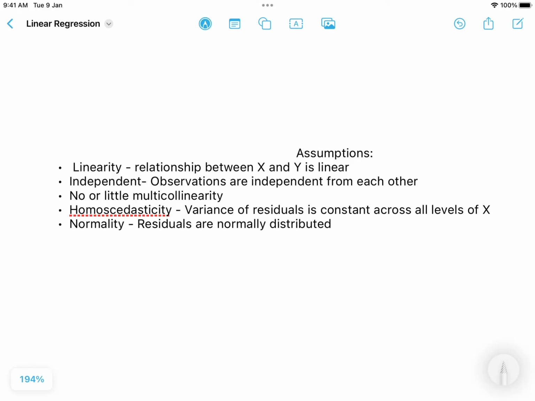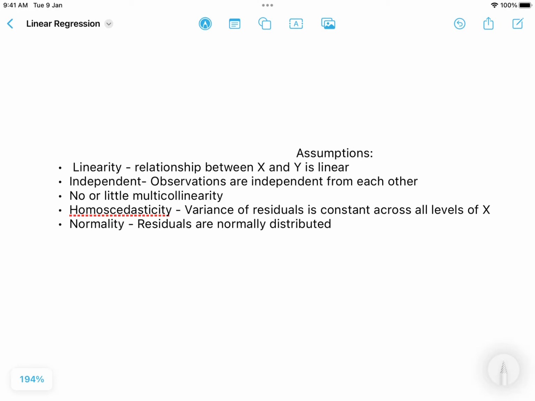So let's deep dive into the assumptions of linear regression. I have listed five assumptions, but there can be some more as well. But these are the five important assumptions that one should keep in mind while implementing linear regression. The very first one is linearity, the relationship between x and y.